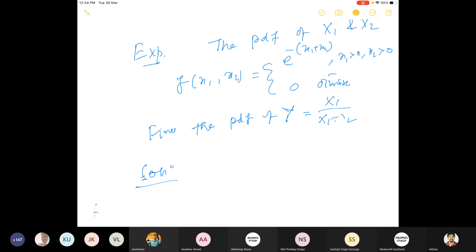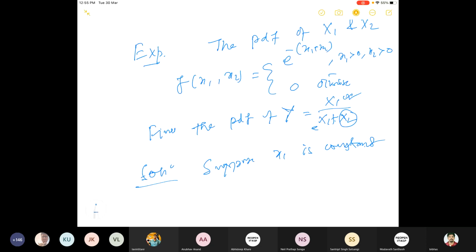Suppose x1 is constant, then what will happen? What is the relation here with x1 plus x2? If x1 is constant, then y is some fixed number divided by that fixed number plus x2.